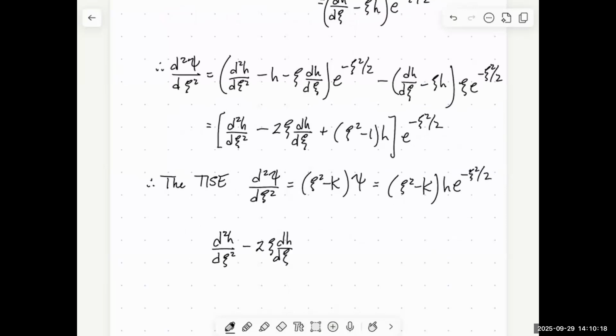Okay, so that's the first two terms untouched. We're going to cancel this one. We're still going to have the minus 1, but then we're going to have a k. I'm going to bring it to the other side. So we're going to get a plus k minus 1, and both those things multiply h. And that's 0.